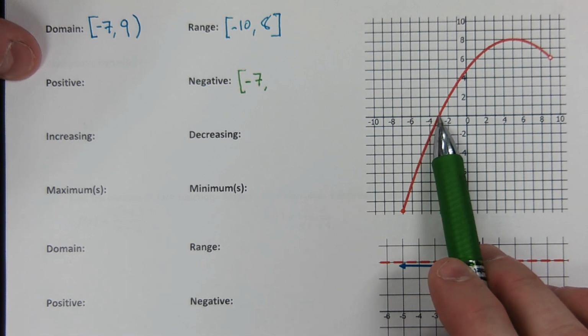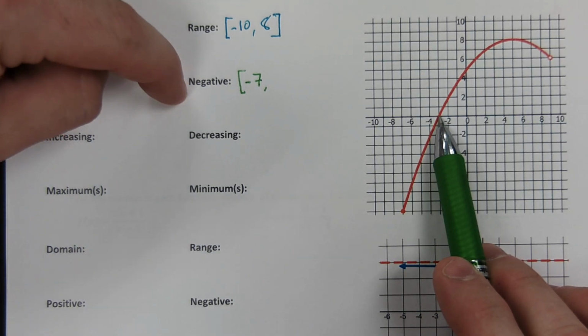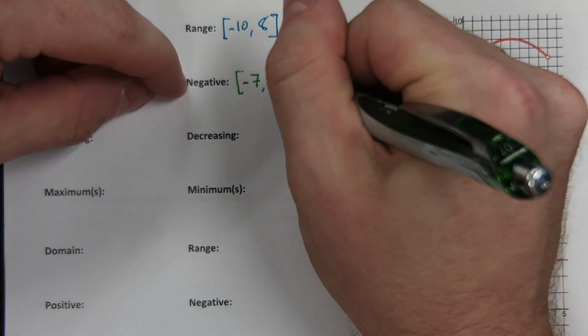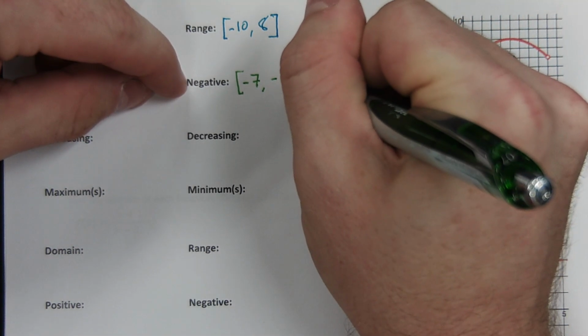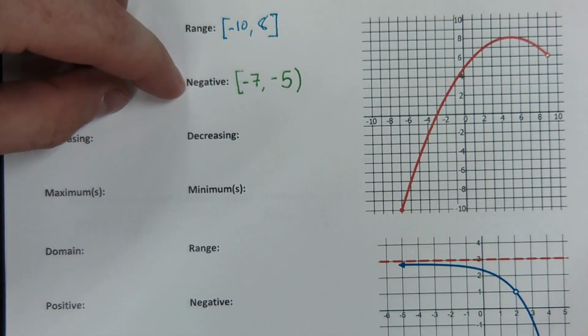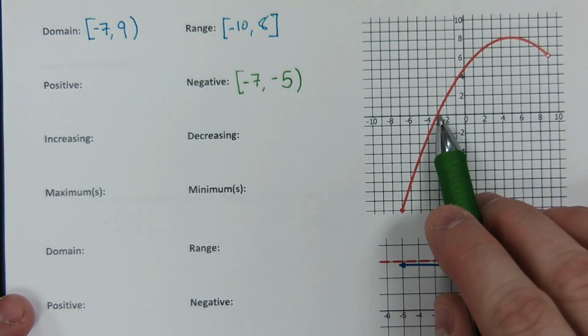But right here, when you're on the x-axis, this graph's y value is 0. 0 is not a negative number. So what you have to do is say it stops being negative at -5. But it does not have a negative value there. It is a value of 0. So I can't bracket this number because it does not have a negative value.